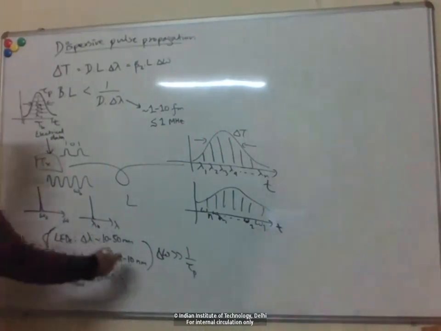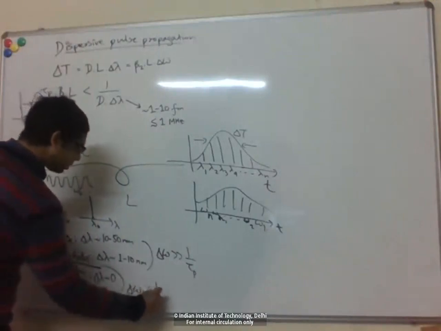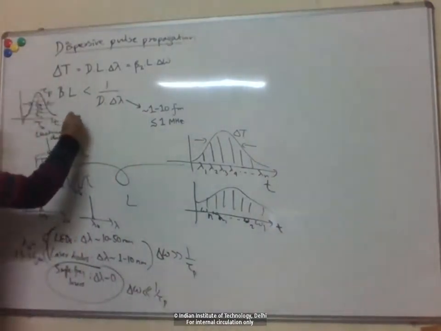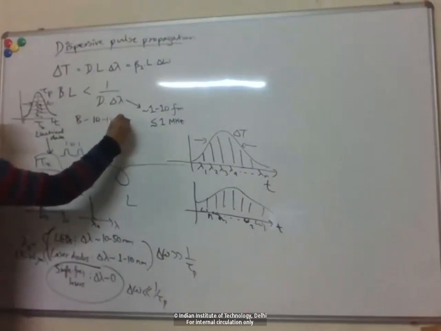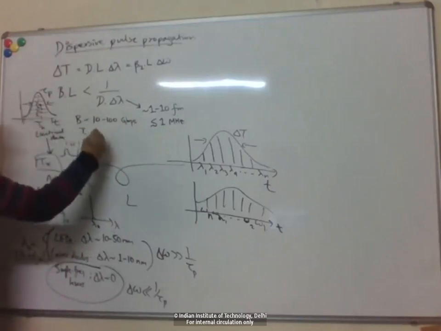So now we have the opposite case where the source bandwidth is much less than the bit rate. Recall the bit rates we are talking about here are typically 10 to 100 gigabit per second, so the bit periods or pulse widths are 10 to 100 picoseconds.